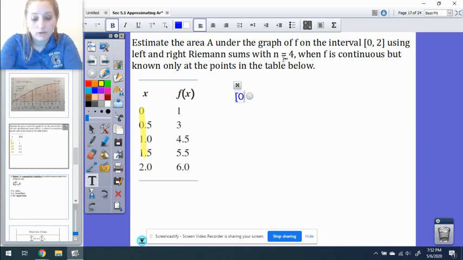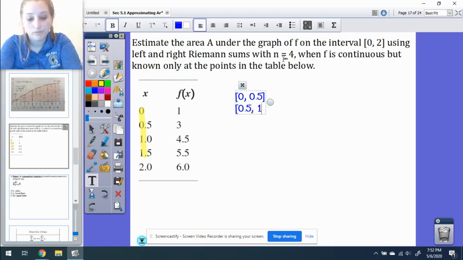So essentially my first interval is 0 to 0.5. My second interval is 0.5 to 1. And then my next interval is 1 to 1.5. And then my next interval is 1.5 to 2.